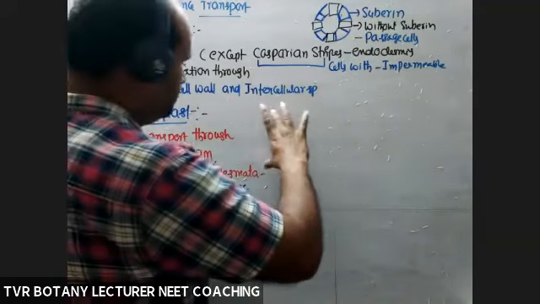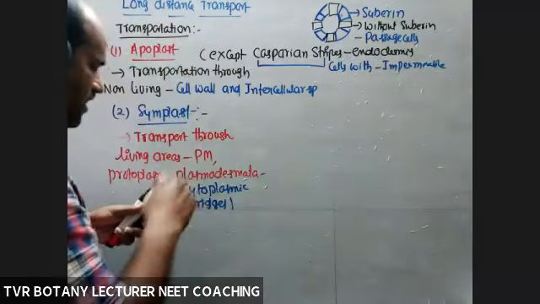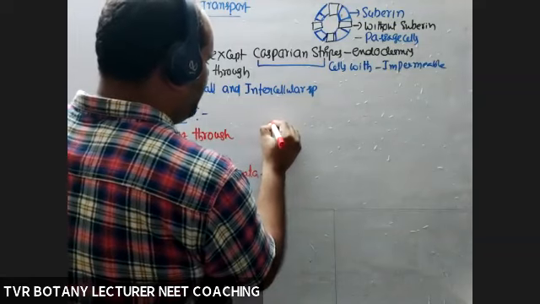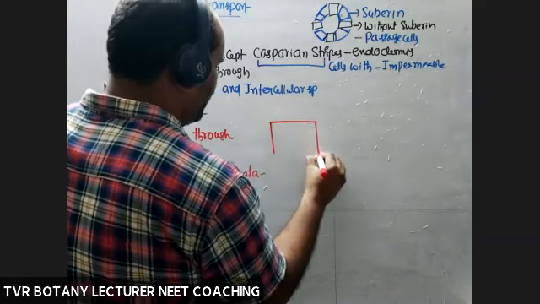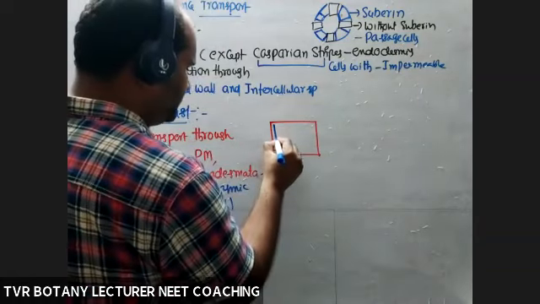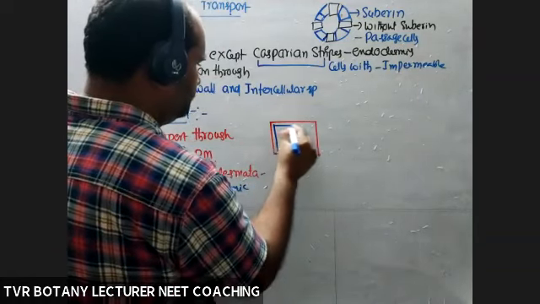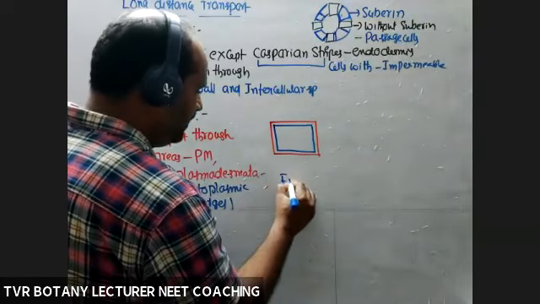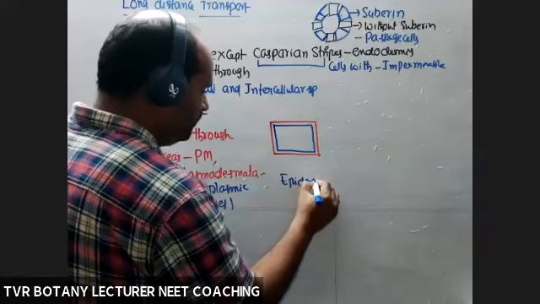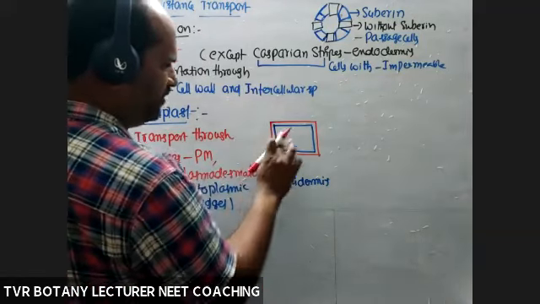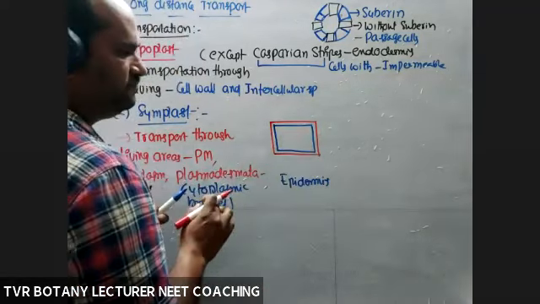Now here, one diagram was given in your textbook. What are they? One by one. First one, this is epidermal cell. Epidermal cell means definitely parenchymatous with cell wall. And this area is a living part. Generally, epidermis is parenchymatous, maximum extent. So this red colored one is cell wall and remaining is a living part.